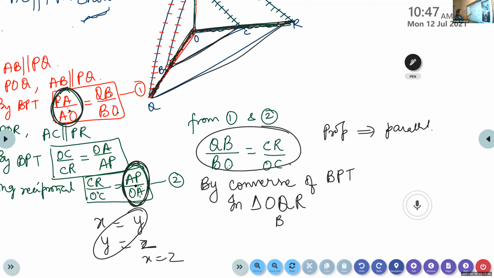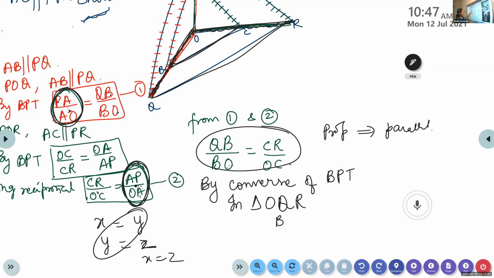Once we get the proportionality, look into the triangle. QB by BO: these are the sides of the triangle OQ. Again, look at the other side, OC by CR. It is the side of the triangle OR. That means the triangle we have to consider is OQR.